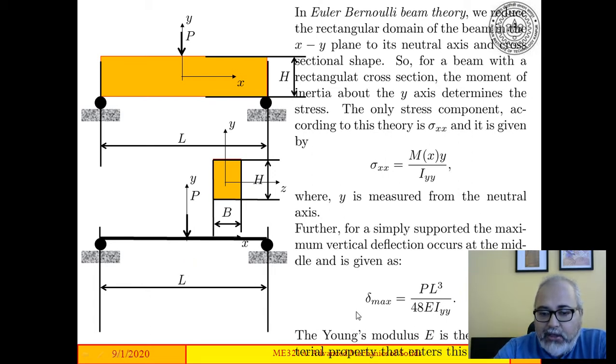So for the Euler-Bernoulli beam, the structural mechanics approach, you don't have anything but the neutral axis and a cross-sectional area, and it is tacitly assumed that the sigma xx varies linearly with y. So you start here, sigma xx is 0, you go up, sigma xx increases in proportion to y, you go down, sigma xx increases in the negative direction in proportion to y.